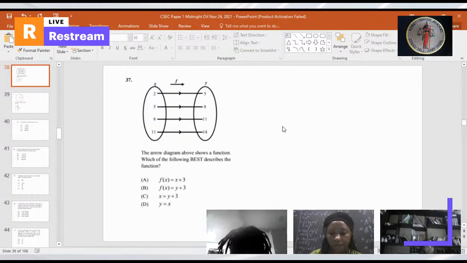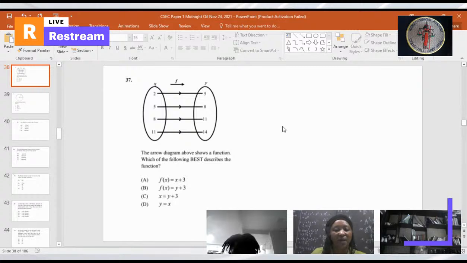Number 37. The arrow diagram above shows a function. Which of the following best describes the function? In other words, which one tells you what you're doing to the x values to get the y values? Should it be A? It's f of x equals x plus 3.